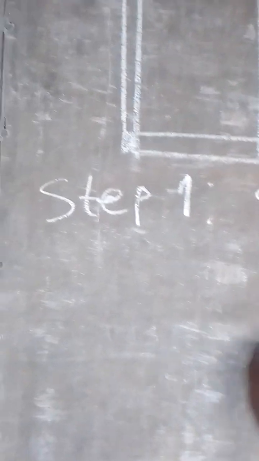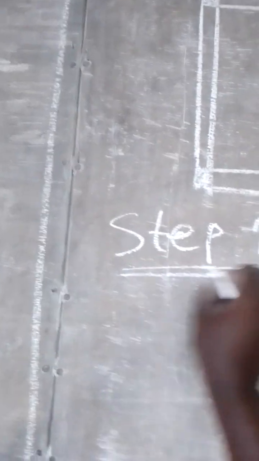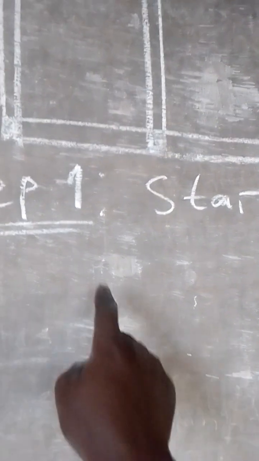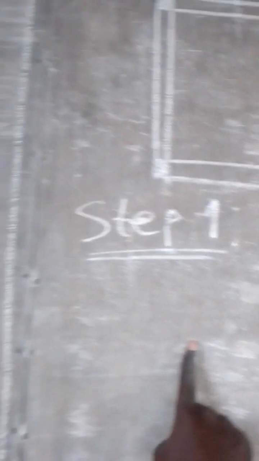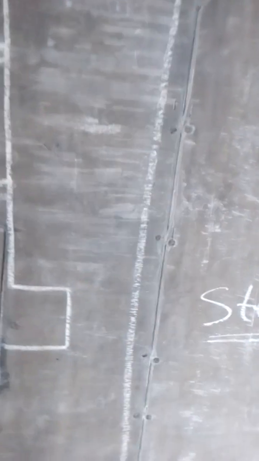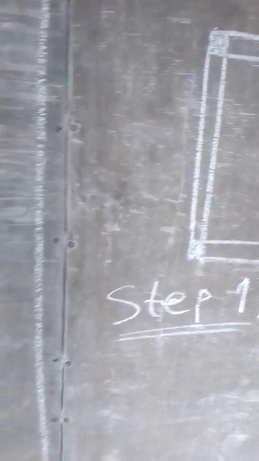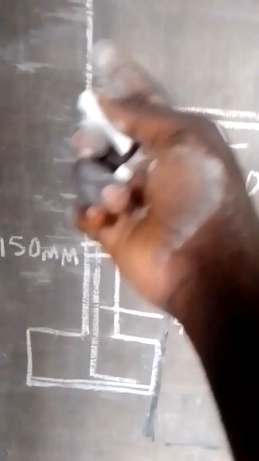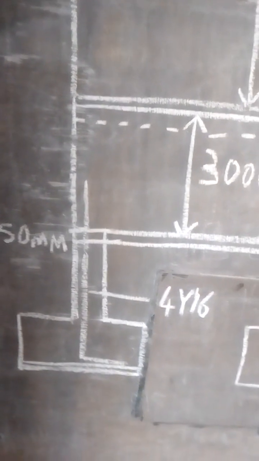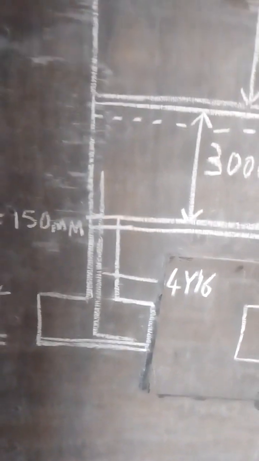You can call it starter bar or you call it the starter pillar. Now, the first thing you do in calculating for the starter bar is to take note of the dimensions of travel of the starter bar. The starter bar is the first pillar that comes out from the foundation into the ground floor. That is what we call the starter bar.